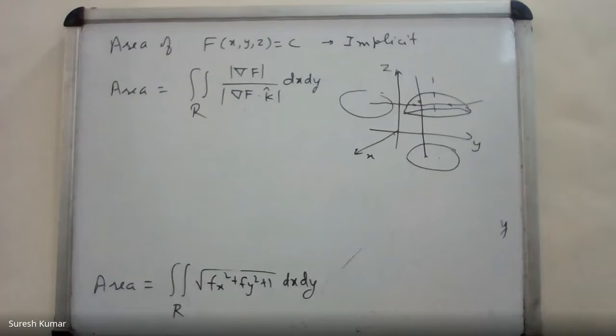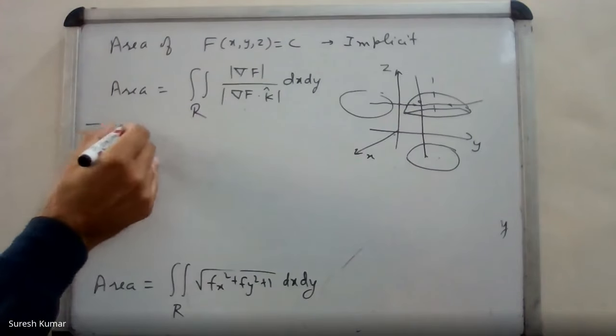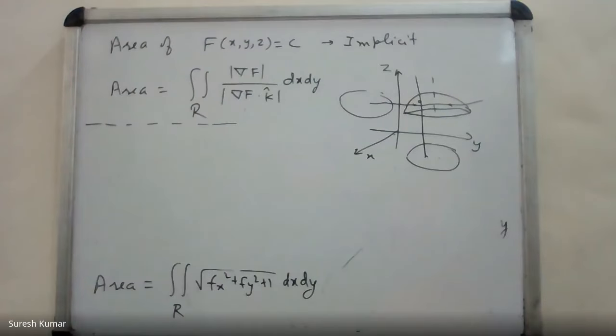But I suggest you do all the problems using parameterization. Parameterization is an easier approach. In some problems you will find this formula easier to apply, but I suggest you use parameterization in every problem. All problems can be done using parameterization of the surface.